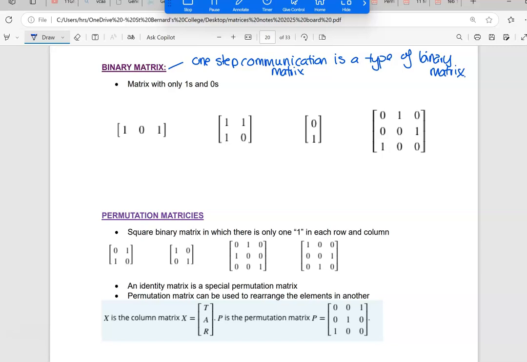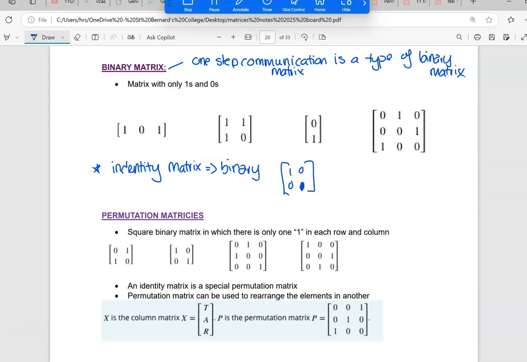And remember also another type that we knew, an identity matrix is also a type of binary. And remember, it has ones on that leading diagonal and zeros elsewhere.